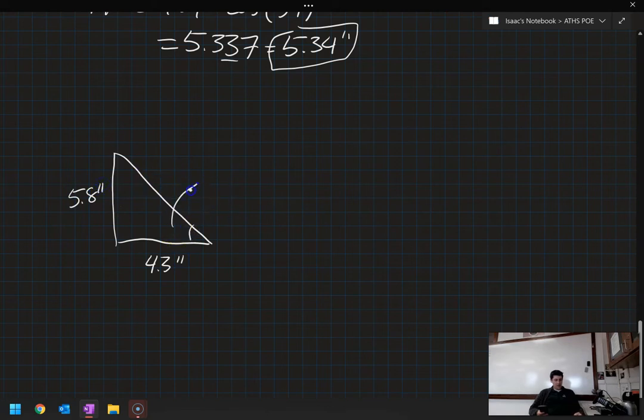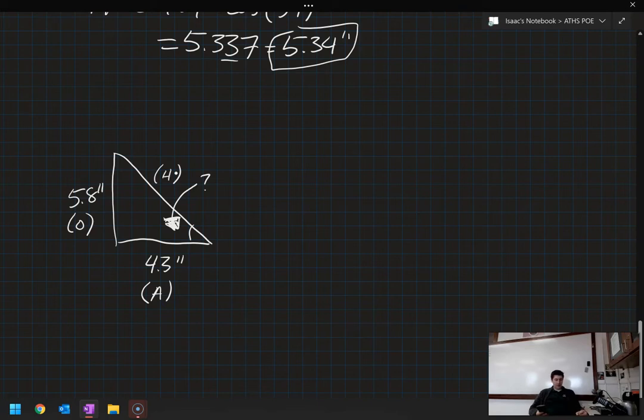And this time, I want to know what this missing angle is. Well, first step, let's look at our triangle and identify what our sides are. So if this is the angle I'm looking at, then the 5.8 is my opposite side, and the 4.3 is my adjacent, and this blank spot over here is the hypotenuse. We don't know what that is.